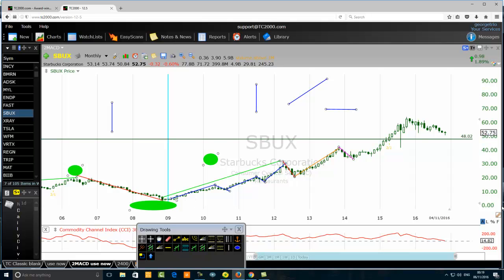But look at that. The first wave has already been extended. And then we see the third wave like this. So, because the third wave should not be the shortest wave, correct? All right, correct. We will say there is a high chance that the fifth wave will be equal to the third wave or lesser than the third wave, because if the fifth wave is longer than the third wave, that will be an Elliott wave principle violation.